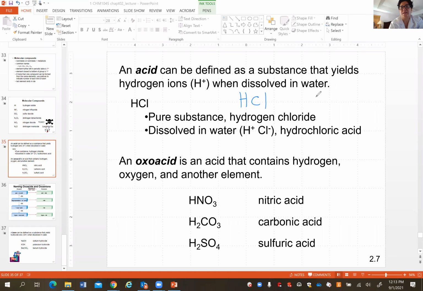If they give you HCl, you say hydrogen chloride. But if they give you the formula HCl with AQ, now we cannot say hydrogen chloride anymore, because the molecular compound has been added to water. And if it has been added to water, now you have to name it as an acid. This is an acid now.